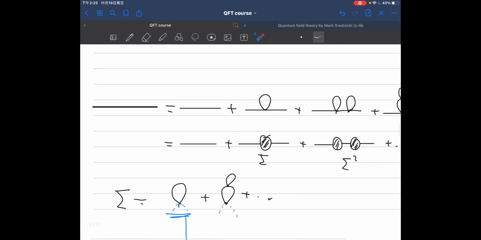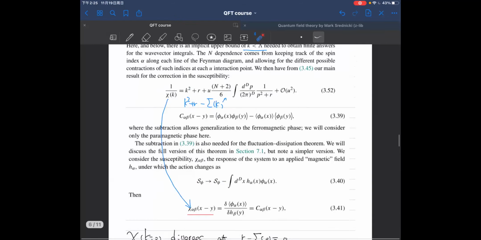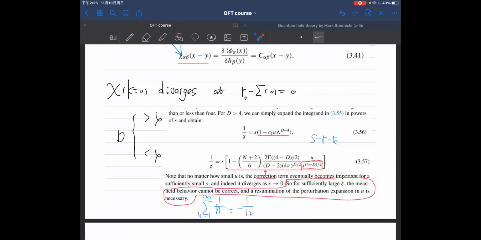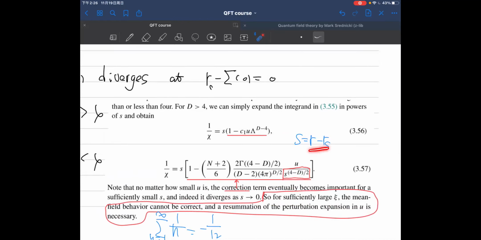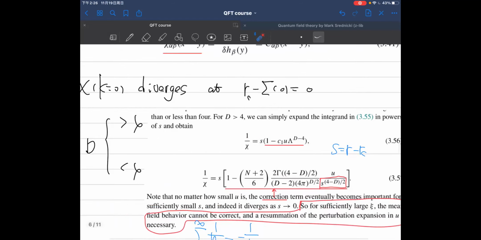But we want to study the behavior near the critical point, so we take r to be quite small. The distance between the state and the critical point is described by r minus r_c, with r_c equal to 0. You see s here.